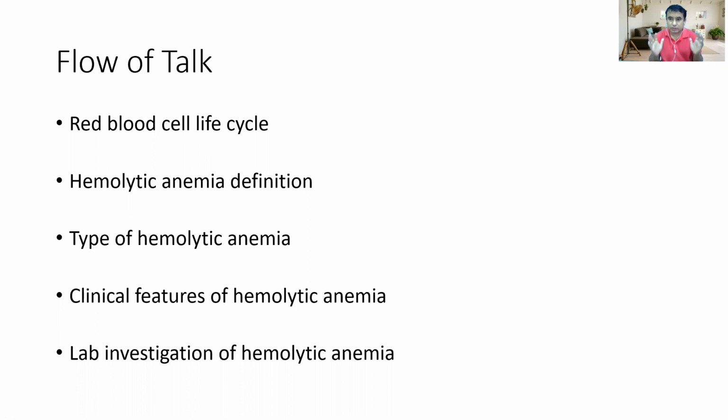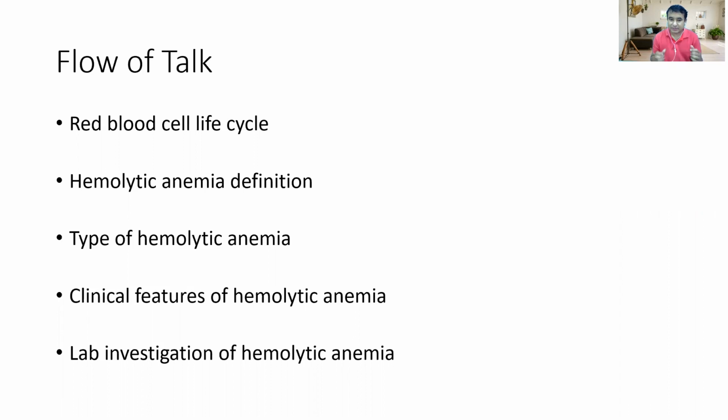So what are we going to discuss today? To understand the concept of hemolytic anemia, we should first understand the RBC life cycle. Then, after having a good understanding of the RBC life cycle, we'll discuss hemolytic anemia proper.